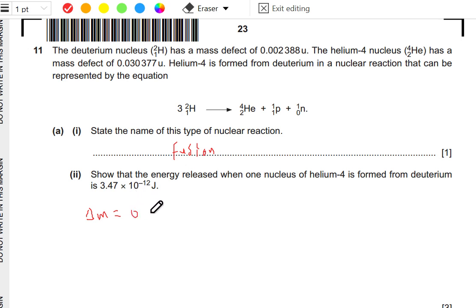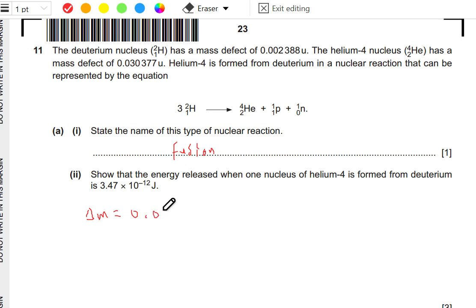Because as we know, for any reaction to go in one direction, this means that we have increase in binding energy per nucleon, and binding energy is given from delta M mass defect, so we should have a mass defect on the right side that is greater than on the left side, for reaction to go like this.